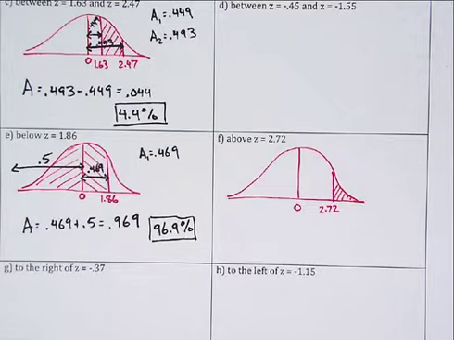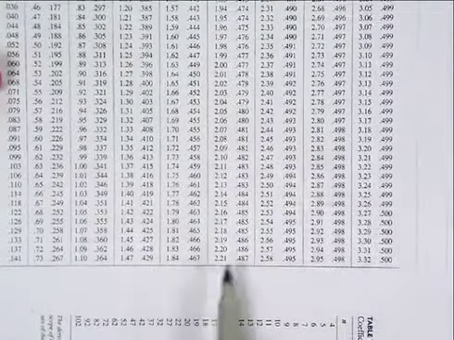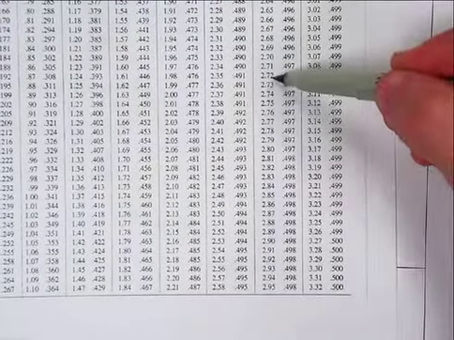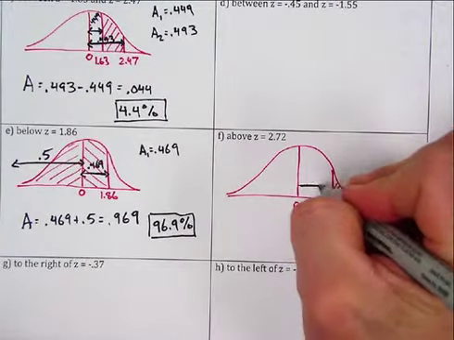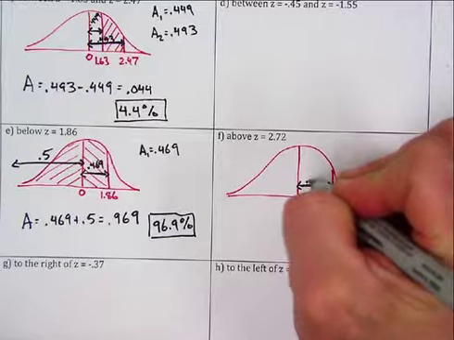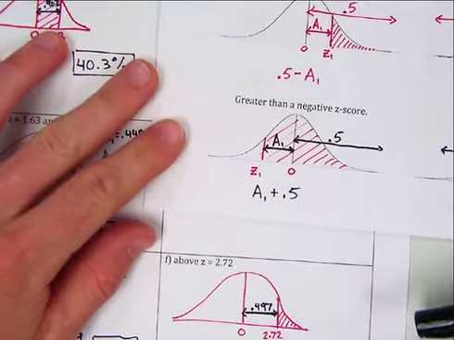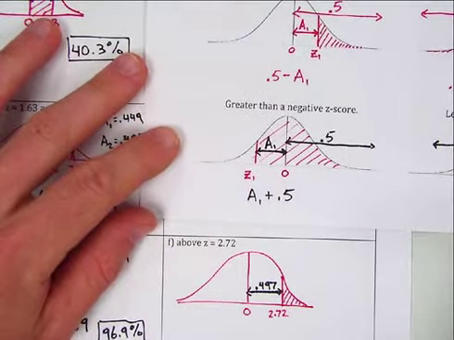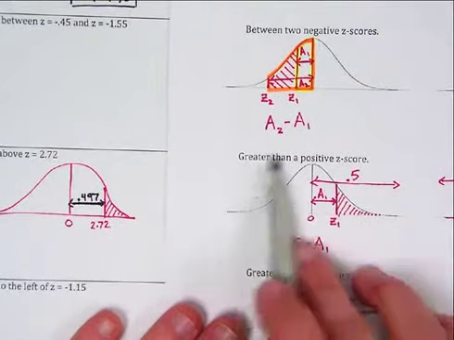Next, we look in our charts for the area. So we find z of 2.72, and 2.72 is right here. It's an area of 0.497. It's from here to here. Now again, if we want to match this up with our chart, this one, to me, looks like this one. So greater than a positive z-score.